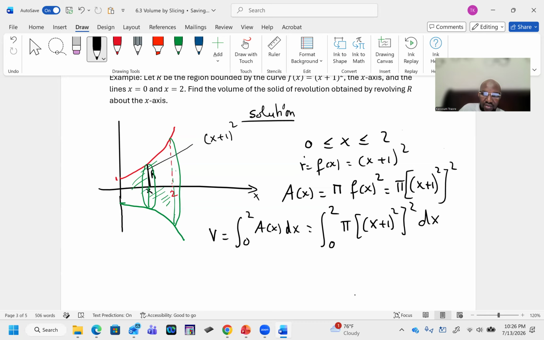Don't forget, this is what? The disk radius, right? So by doing this one, of course, pi is a constant, so pi can go outside the integration.